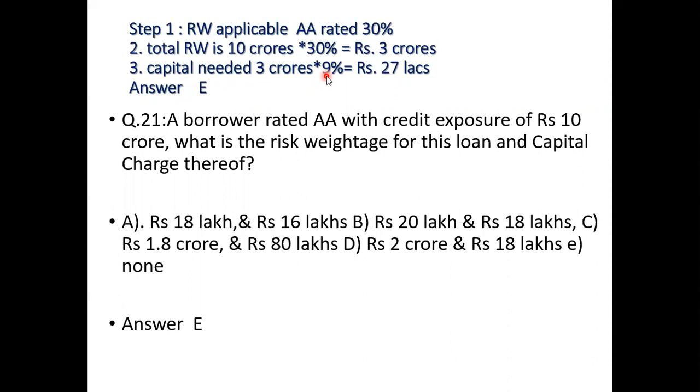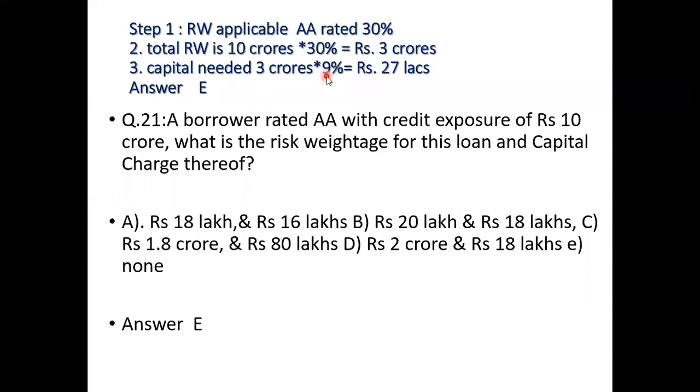That is why tier 1 capital is known as going concern capital. I think this concept also you remember. Tier 1 capital is called as what? Going concern capital. Tier 2 is called as gone concern capital. I think this we discussed in balance sheet management questions. All questions I will share with you.